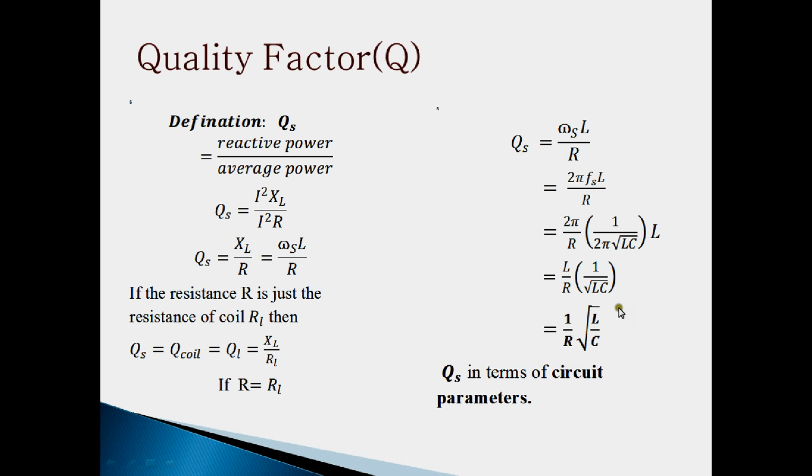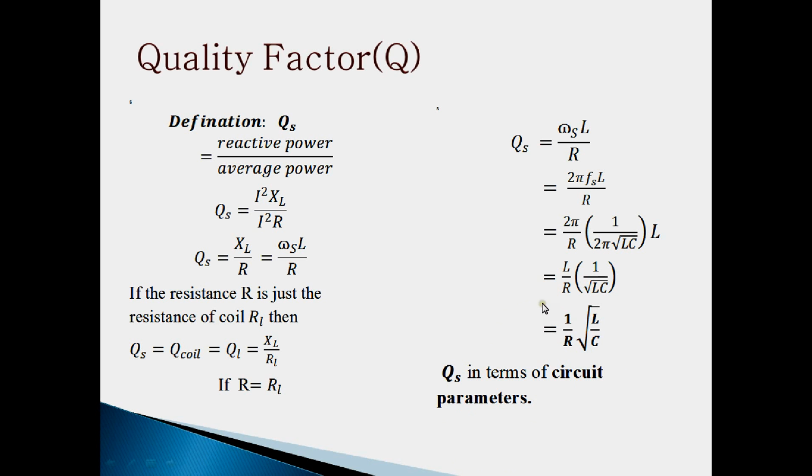From this answer, we can conclude that quality factor at resonance actually depends on resistance value, inductor value and capacitor value in the series resonance circuit, and it does not depend on applied voltage. That means if applied voltage is changed, your quality factor is not going to change with respect to applied voltage.